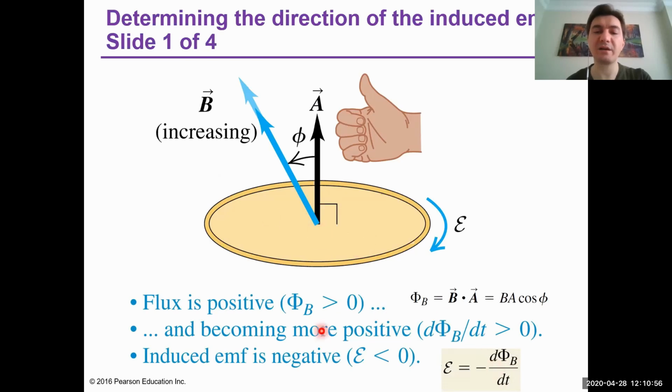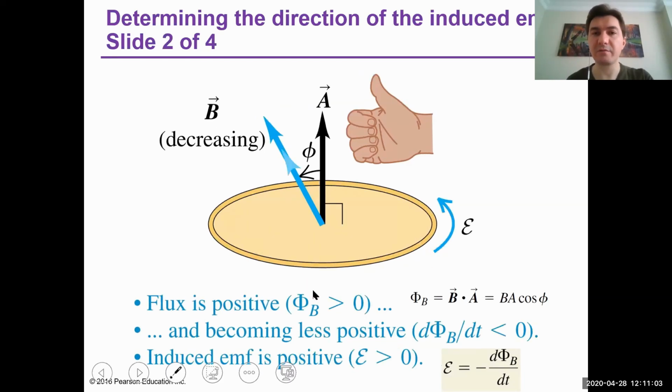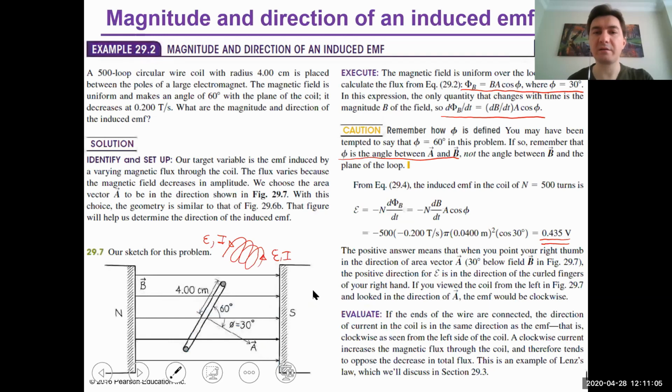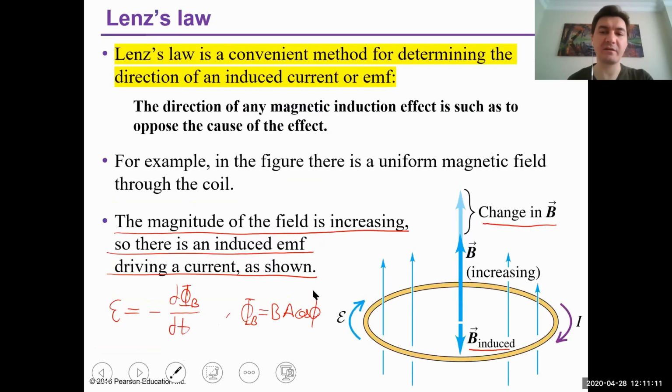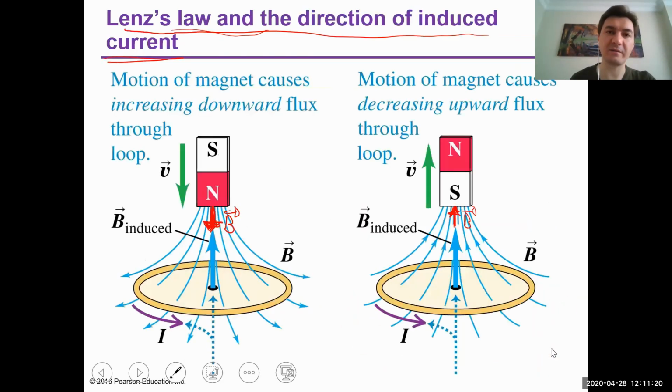But by applying those rules, you can calculate the direction of the EMF and the direction of the current in the loop. But Lenz's law gives another approach or method to calculate the induced EMF, the direction of the induced EMF and the direction of the induced current in the system.